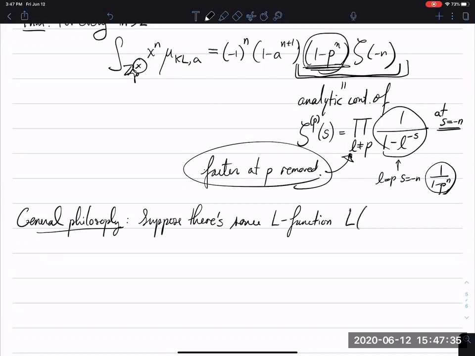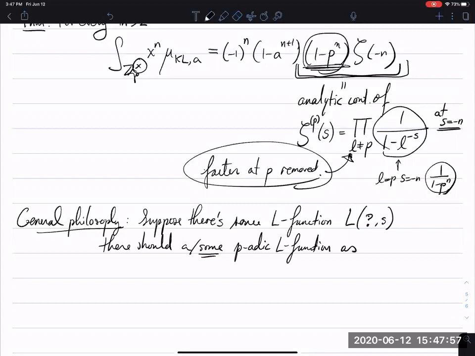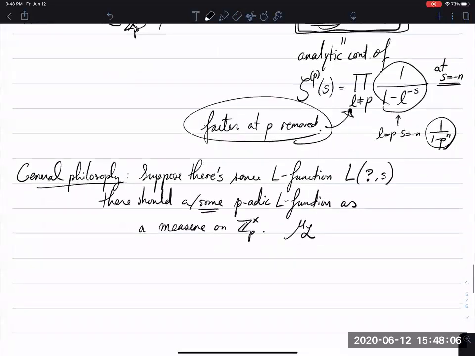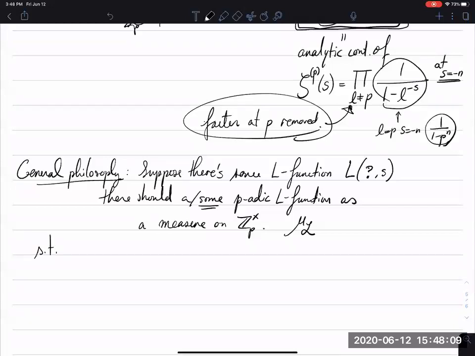Suppose there's some L function, L of something, s. There should be a p-adic function. This is more technical later on; it's good enough to think about this as a p-adic function, usually a measure on Z_p cross. So maybe call it mu_L. It will satisfy some properties like the following.